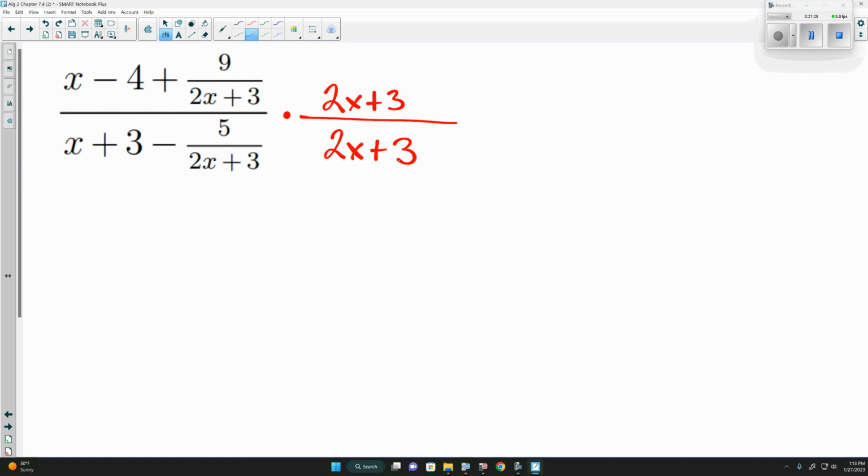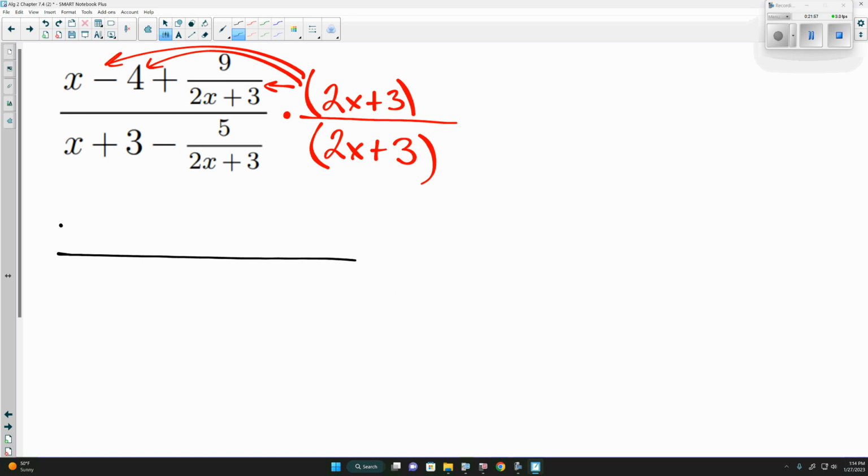And that's all we have to multiply top and bottom by, because we don't have to worry about the x or the -4 or the x and 3, because they are already integers. They're already whole numbers. We don't have a rational, they're not even rational, they're just expressions. We don't have a denominator. So the main one we're focused on is the last one. So once we get this, we're going to multiply all 3 terms by it.